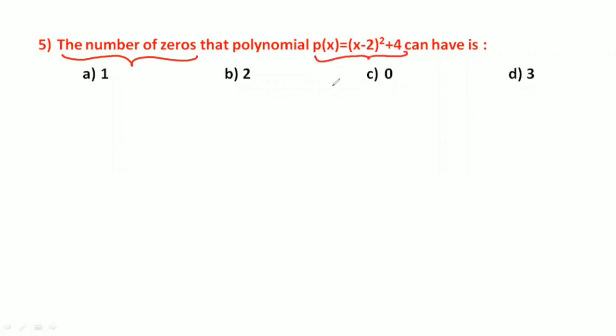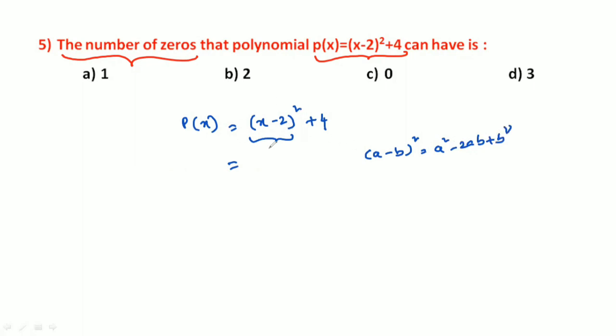Now let us write the given polynomial, that is p of x is equal to x minus 2 whole square plus 4. This is the given polynomial, my students. Now let us simplify this here. This is in the form of a minus b whole square. So a minus b whole square is equal to a square minus 2ab plus b square.